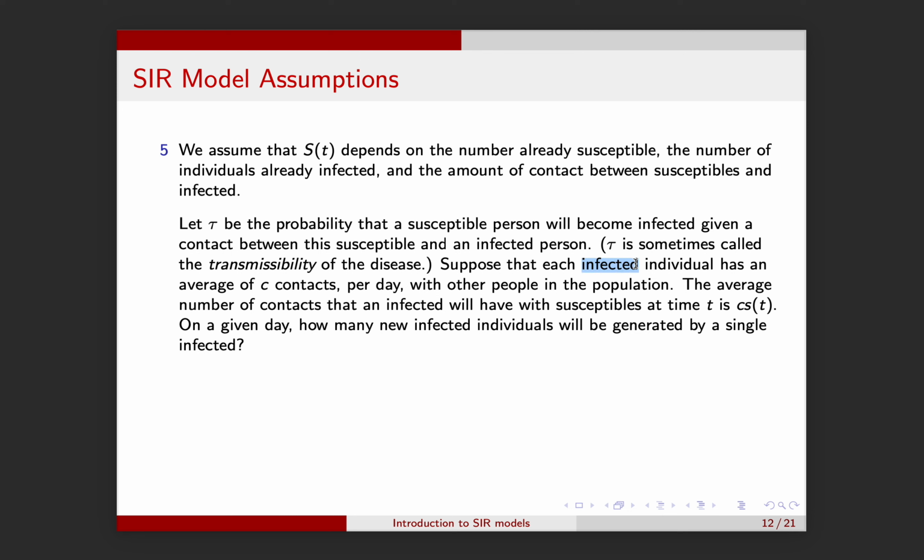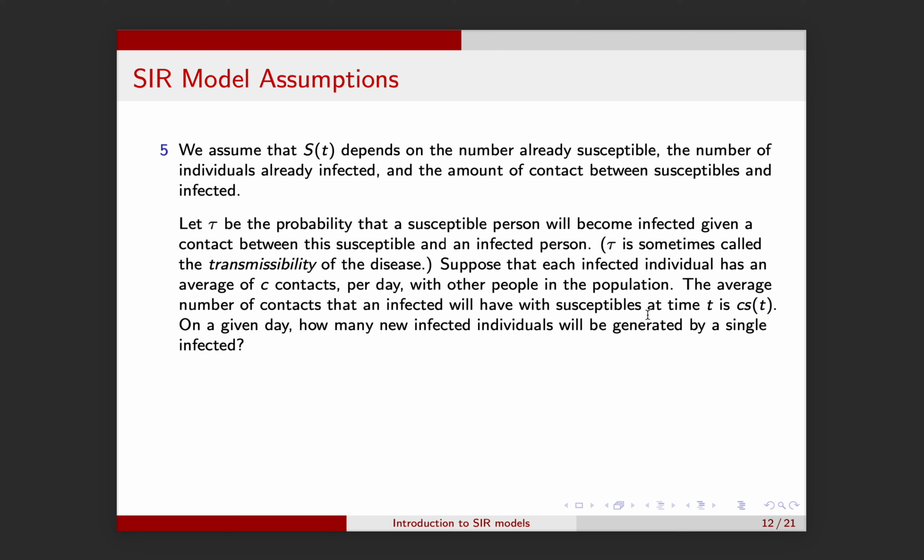So imagine each sick person is just kind of walking around, bumping into people. The number of bumps they have is C. So the average number of contacts that a sick person will have with susceptibles on a given day is this: number of contacts times the proportion of people who are susceptible.